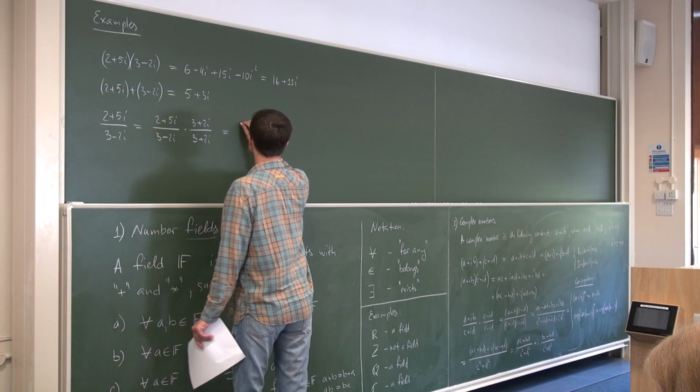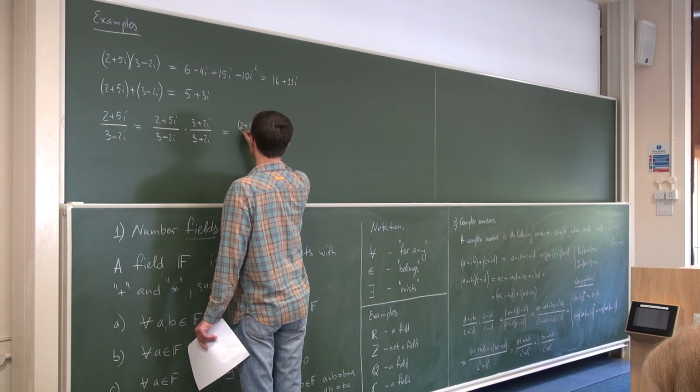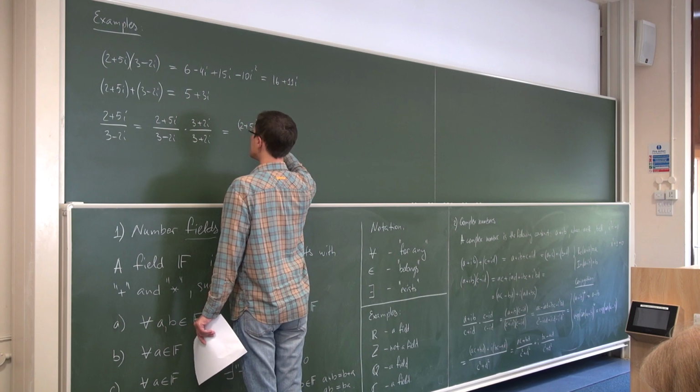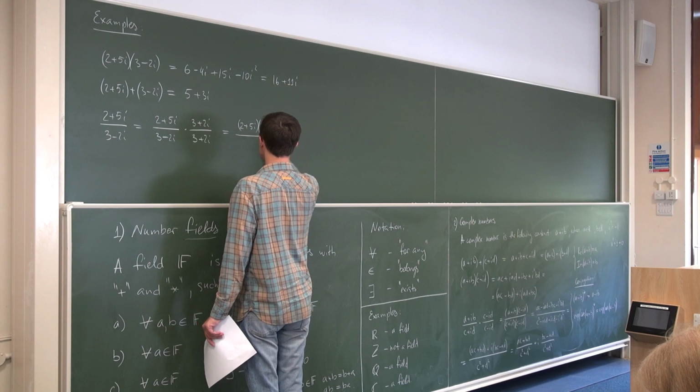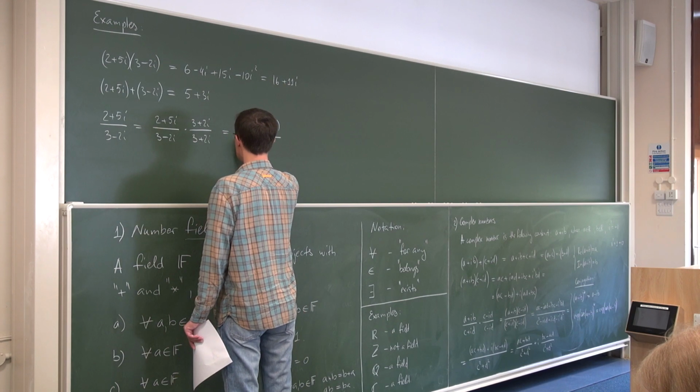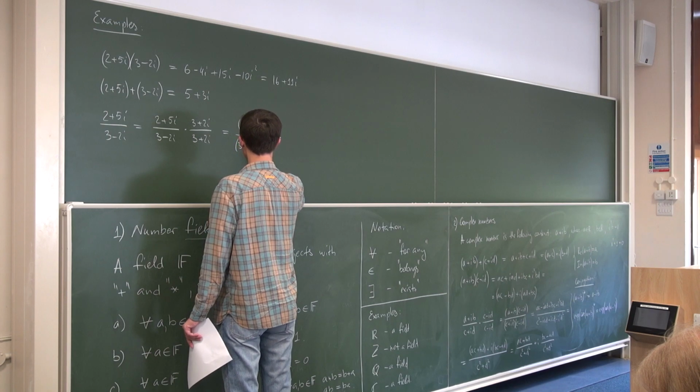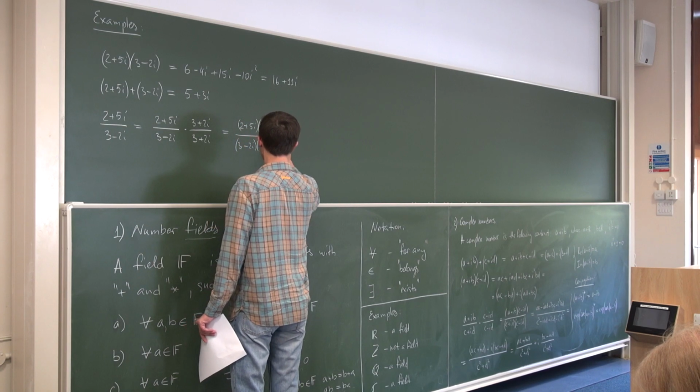And so that's (2 plus 5i)(3 plus 2i). In the denominator, (3 minus 2i)(3 plus 2i).